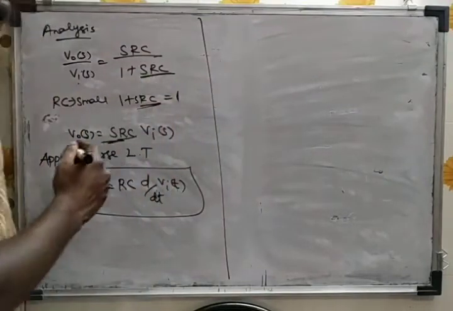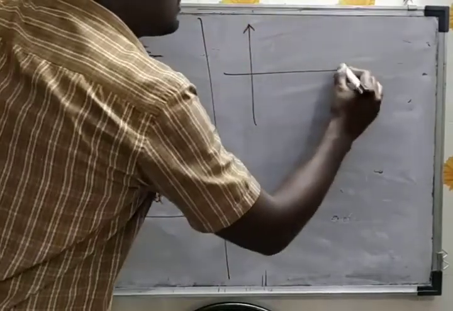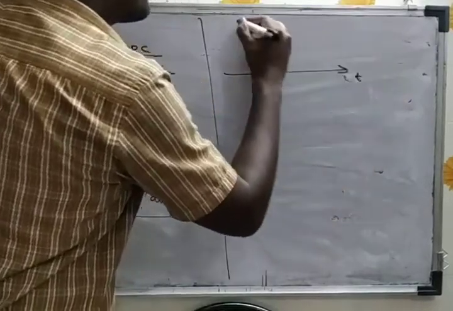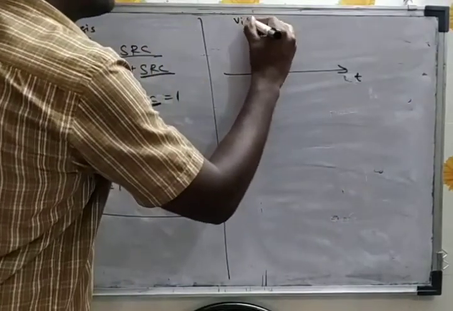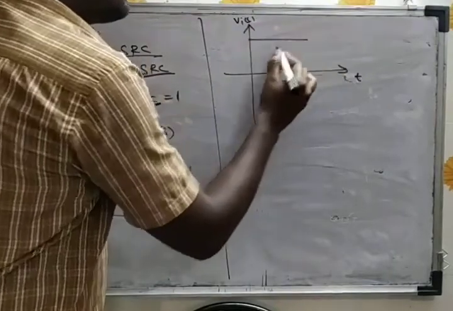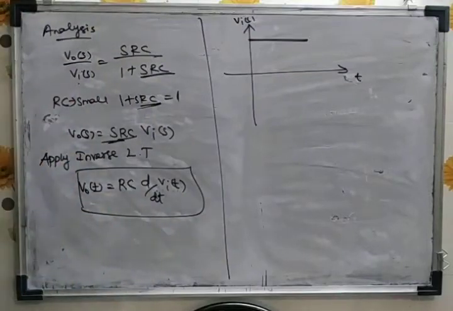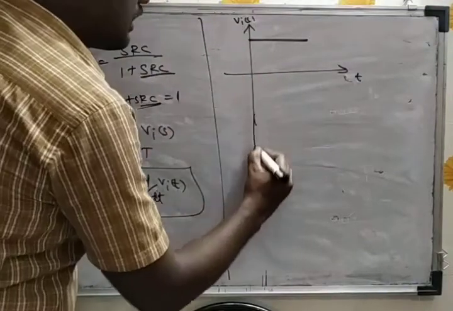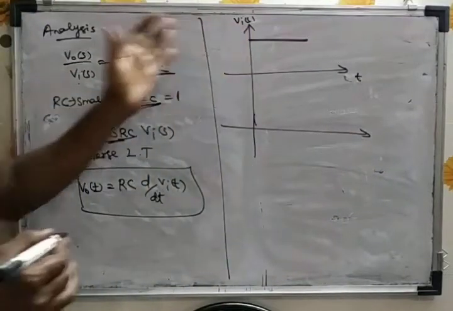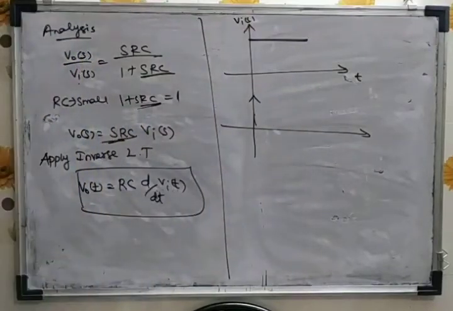So consider, we know that if you are differentiating a step signal, you are getting an impulse signal.